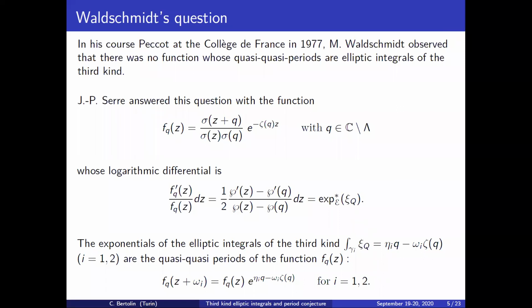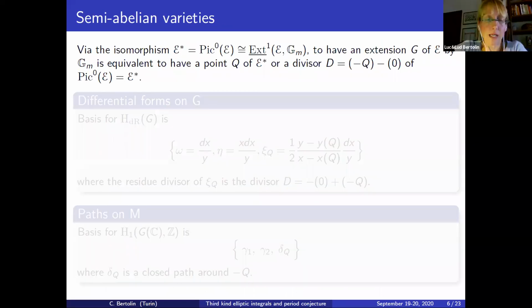So now I want to go on. I want to introduce semi-abelian varieties. Semi-abelian varieties are extensions of abelian varieties by tori. In this talk, I will speak only about elliptic curves, and for us, the torus is just the multiplicative group, G_m. So a semi-abelian variety is an extension of our elliptic curve by G_m.